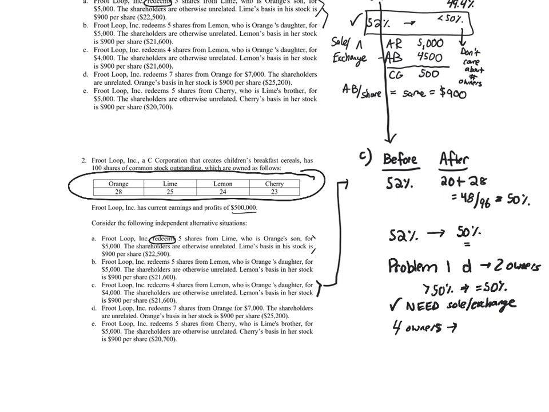So the other two owners, one's on the fence and one is adamant against orange and lemon. If orange and lemon go down to 50% and Lime still doesn't agree with what orange and lemon want, but Cherry does, Cherry might be influenced by orange and lemon to agree with them. So it makes it different than when it's just two owners, where it would just be blueberry versus mango. You don't have the ability to persuade anyone else. Does everyone see the difference?